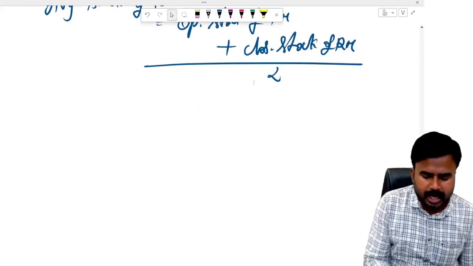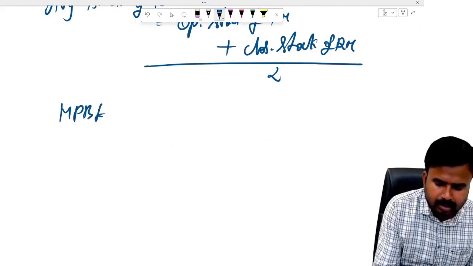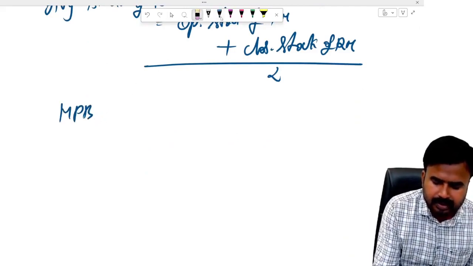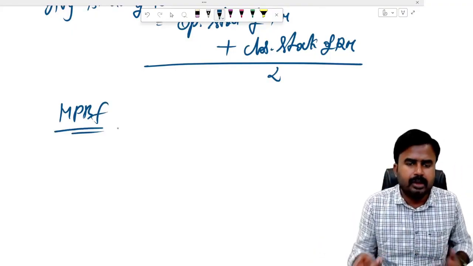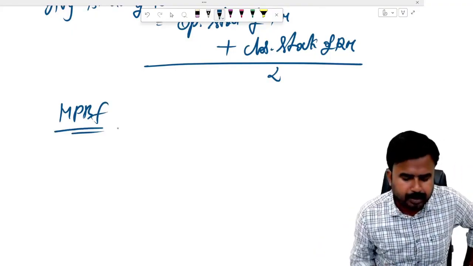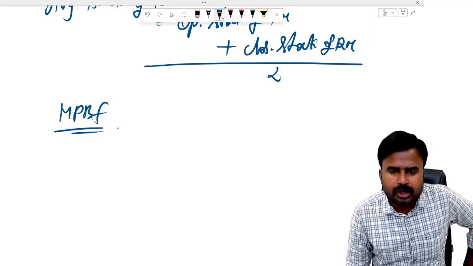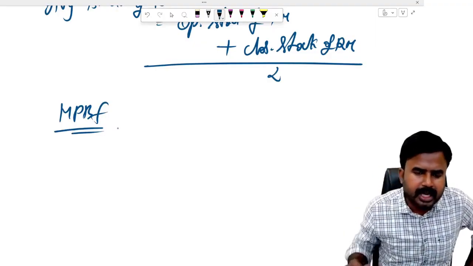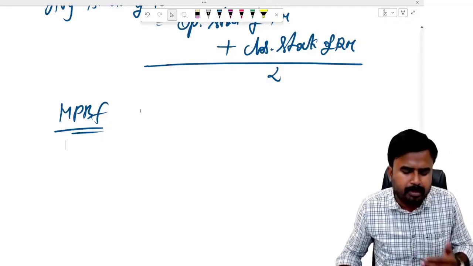This is the maximum finance that can be sanctioned by every banking company by following the norms of the RBI. Actually, RBI formed a committee called the Tandon Committee. They fixed these norms, these methods, for maximum permissible bank finance.